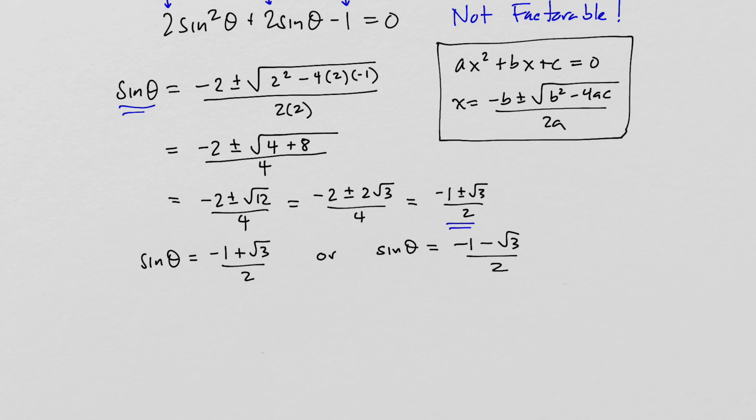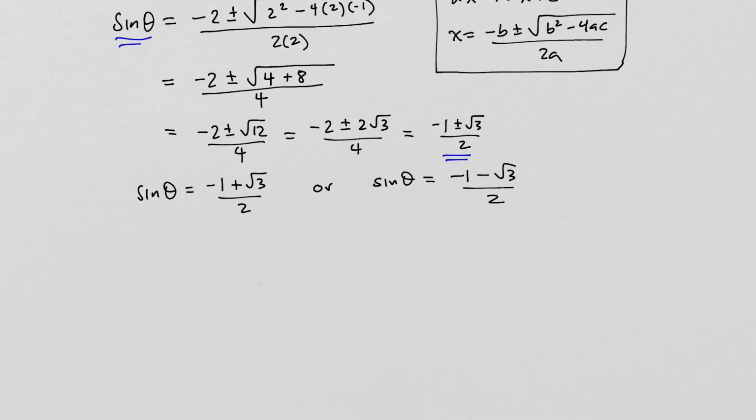Now these are certainly not special angles. So what I'm going to do is plug each of these into a calculator. And in doing so, we get sine of theta either equals positive 0.3660 or sine of theta equals negative 1.3660. This one here is not possible.